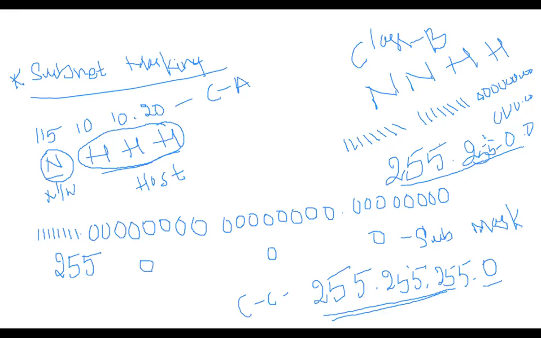Got it? This is how we provide subnet masking to individual devices or computers. Okay. I hope you understood this subnet masking. Very, very important points for this unit are IPv4, IPv6, and subnet masking.